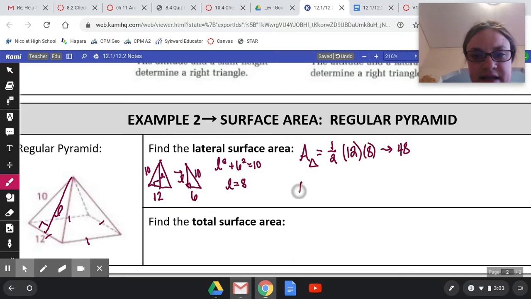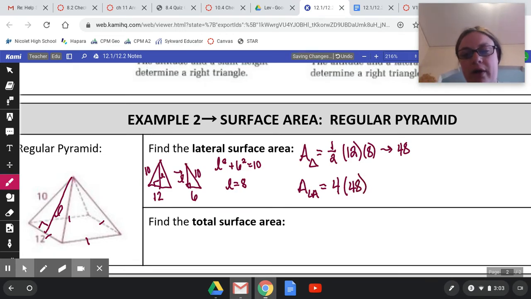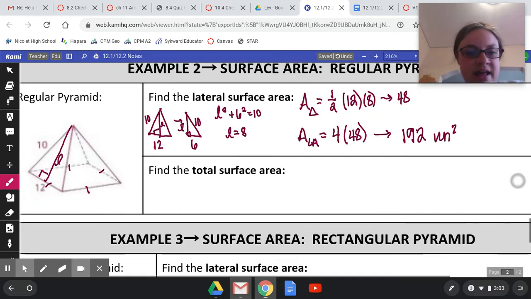Now, to find the lateral area, LA, that would be 4 times that 48, since I have 4 of those triangles going around the outside. That will give me 192 square units. So that is my total lateral area.